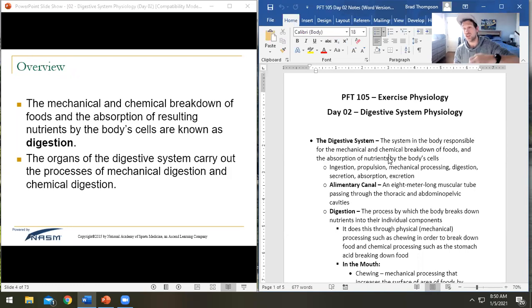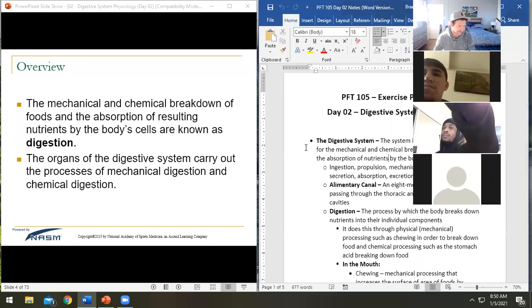It does digest everything. But another really important part of your digestive system is also absorption. In fact, that's really the whole reason we even have a digestive system, is so that we can actually absorb foods into our bloodstream.